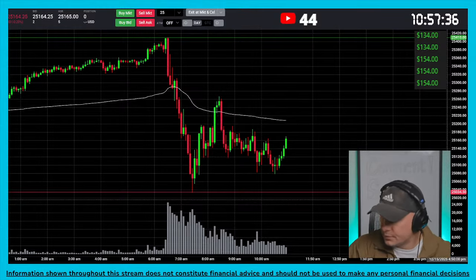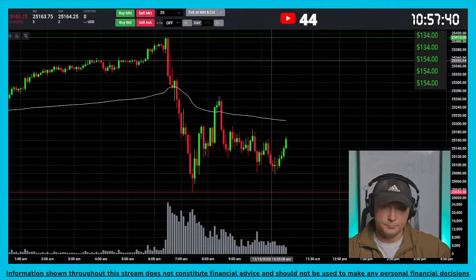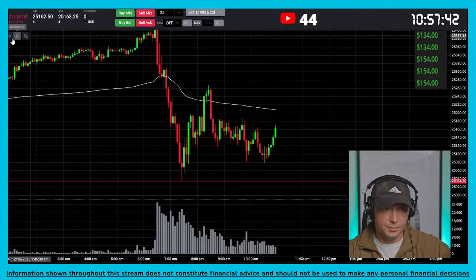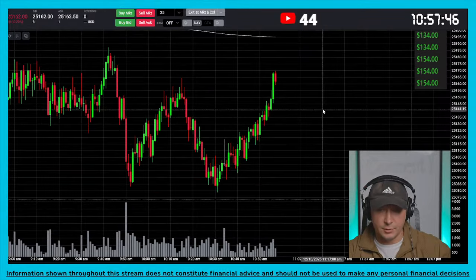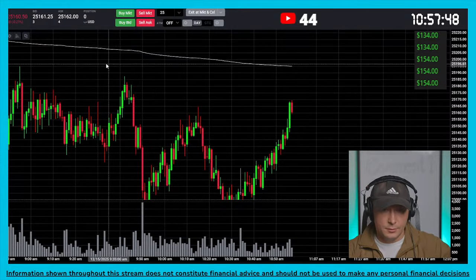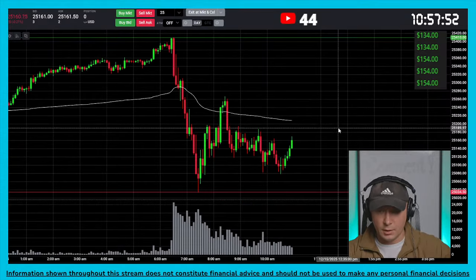Alrighty. So, this is now pumping a bit, huh? Pumping a bit, potential reversal. So, bearishness kind of disappeared now. On the 1 minute chart, we made a higher high.